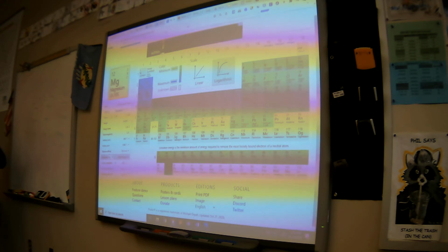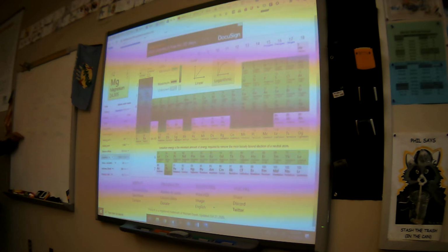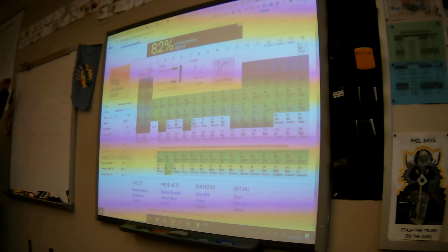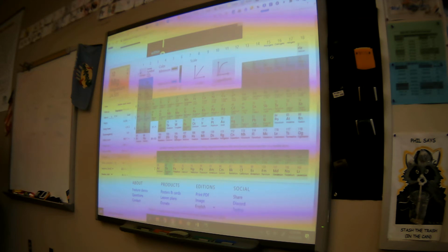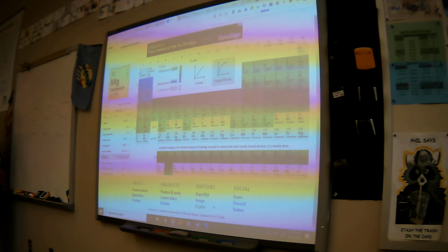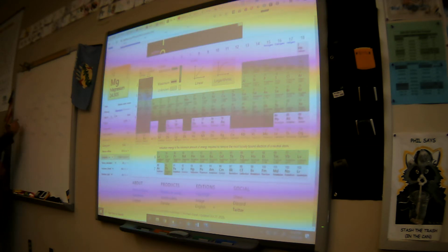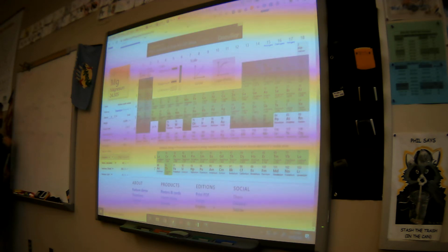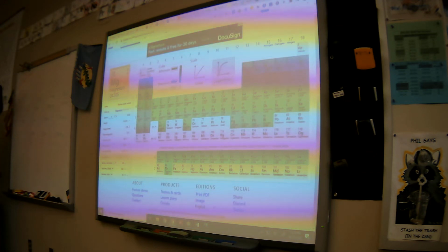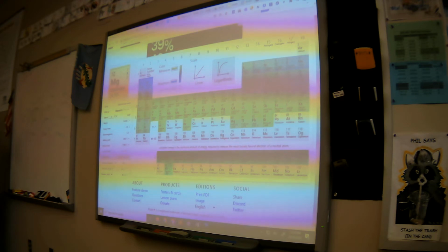Group 2, right? Now, both Y and Z are in group 2. Which one's higher up on the periodic table?